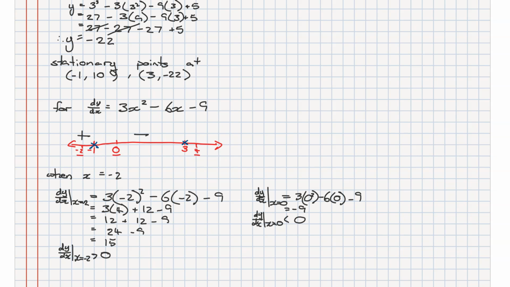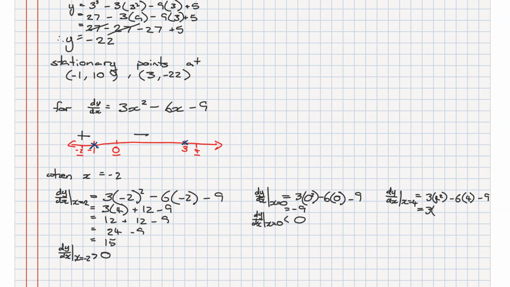And then finally, we can probably already tell looking at the original function what it's going to be, but when we set it to 4, we're going to say 3 times 4 squared minus 6 times 4 minus 9.